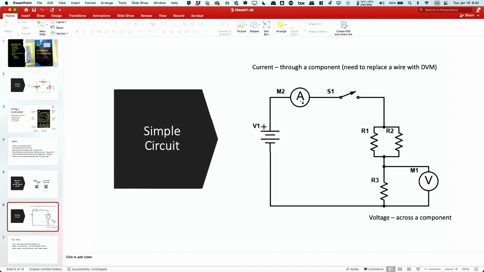But current flows through something, and the only way to measure a current easily is to interrupt it, cause it to flow through something. Like if you've got a flow meter on a water line, can it be outside of the line? No, it's got to be in the line. There's got to be some little mechanical thing that turns as the water goes by.